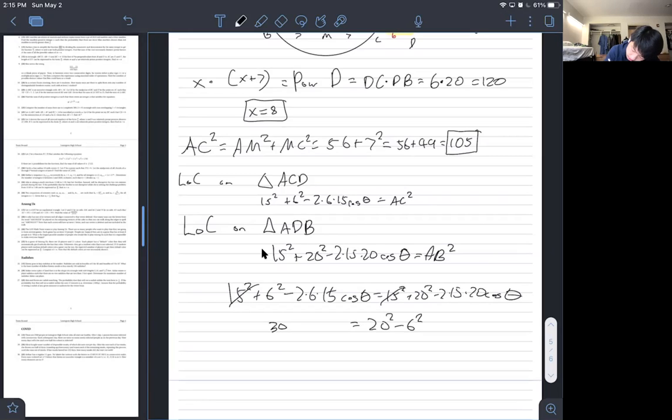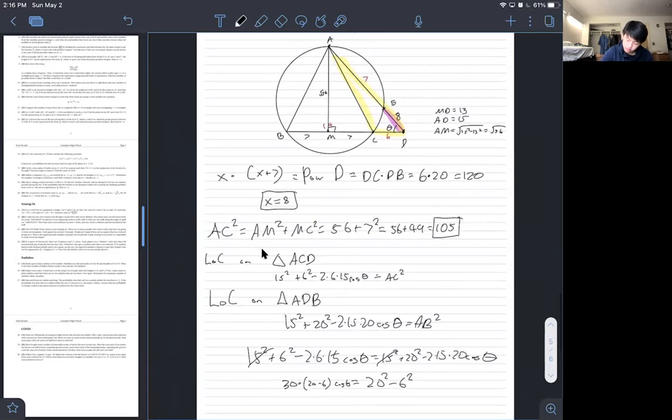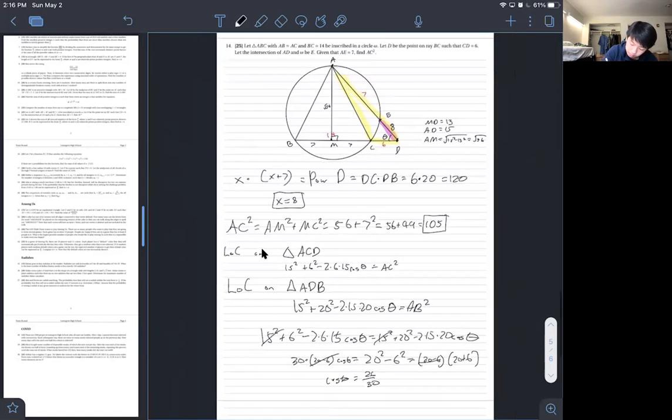This is quite fascinating. Okay, and then this thing factors, and can equal 20 minus 6 times 20 plus 6. So then cosine theta equals 26 over 30, at which point you plug that back in.